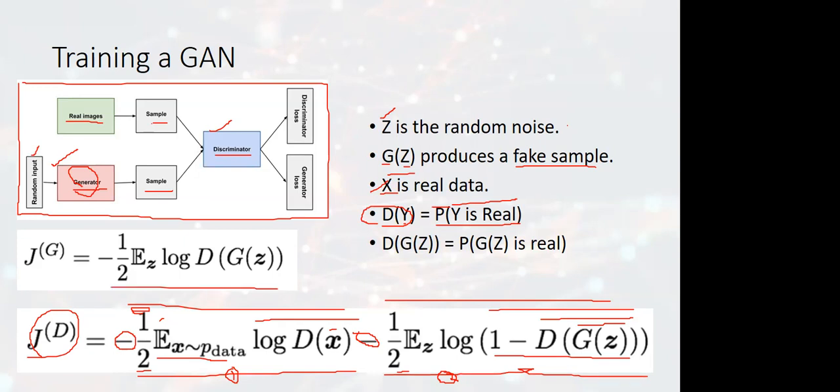It is basically saying maximize the d of g of z. And so to summarize things, the discriminator is basically maximizing 1 minus d of g of z, and the generator is trying to maximize d of g of z. That's it. And the quality of the discriminator gets better since it's also being trained on real data.